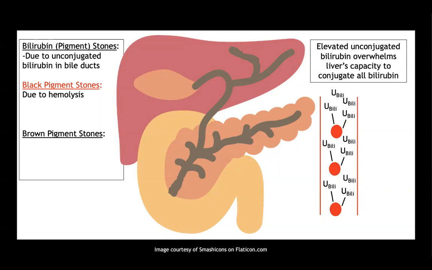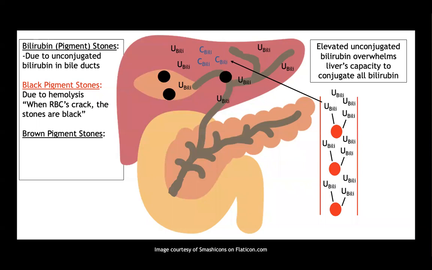And what's going to happen is that unconjugated bilirubin is going to overwhelm the liver. Some of it can be conjugated, but a lot of it's going to stay unconjugated because there's just so much going through it at once. And some of that unconjugated bilirubin that makes it into your bile ducts can increase your risk of bilirubin gallstones, specifically the black pigmented stones. And remember, when RBCs crack, the stones are black.